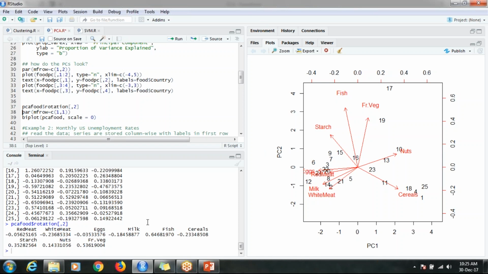And if I go with starch, then starch is this value. Yeah, correct. And then below this, I have all of them as negative.